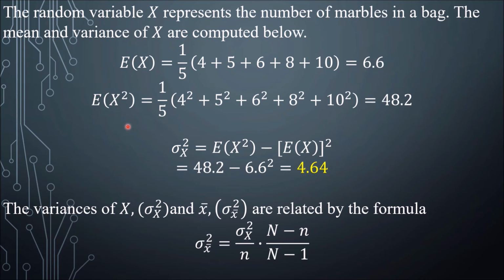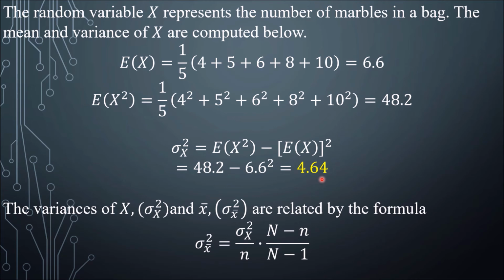Now, in order to get the variance, we'll have this formula, squaring the number of marbles, 4 squared plus 5 squared plus 6 squared and so on. And then multiplying that by 1 over 5, we have 48.2. Using the formula of the variance, 48.2 minus the mean squared, 6.6 squared, that will be 4.64.